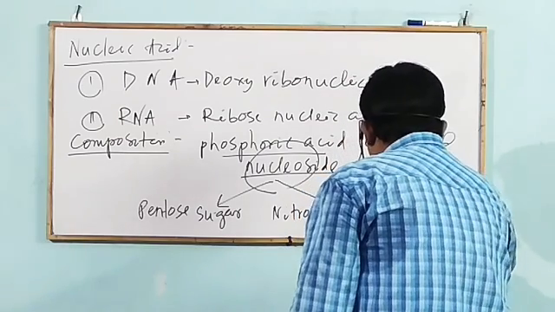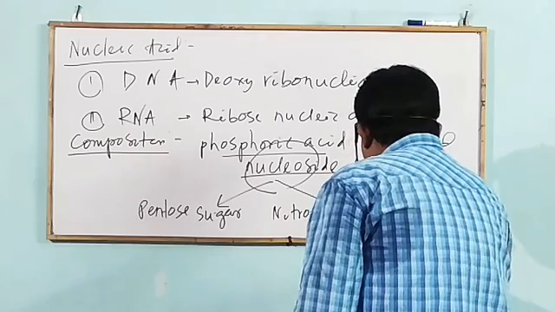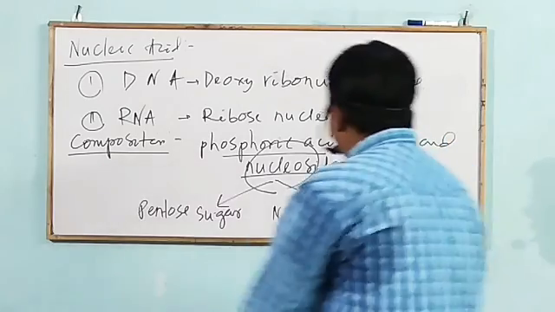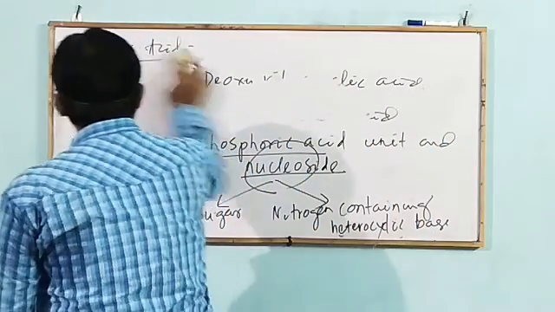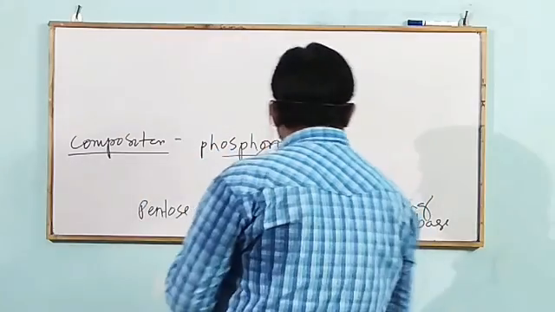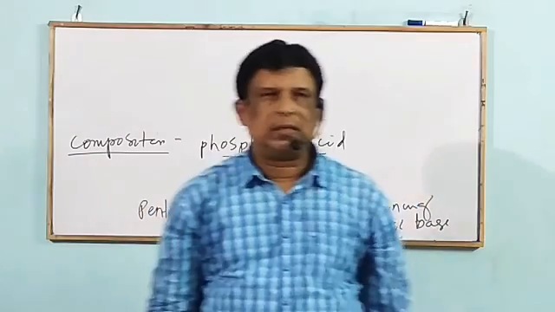I repeat again, a nucleoside is composed of two things: one is a pentose sugar and one is a nitrogen containing heterocyclic base.